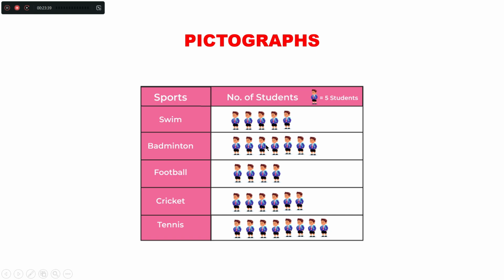If you want to present the data of the girls also, you can draw a picture of a girl and you can count the number of how many girls like swimming. So in this data, you know that tennis was mostly preferred compared to football. So like this, we can draw a pictograph.